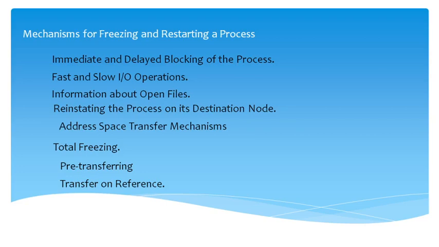From the name itself, we can know that immediate means when the process is selected to be migrated, we can immediately transfer the process, or it can be delayed by blocking of the process. That is immediate and delayed.